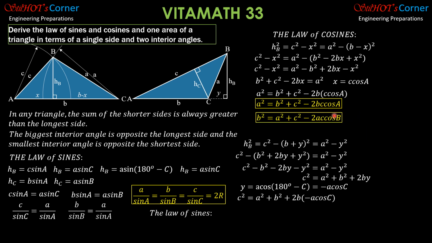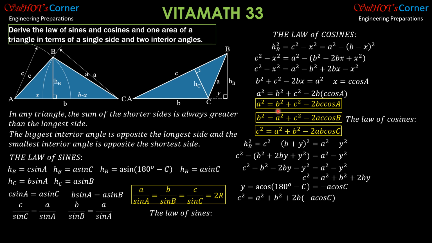So b square equals a square plus c square minus 2ac cosine angle b. And from this equation, c square equals a square plus b square minus 2ab cosine angle c. So these are the equations of the law of cosines.